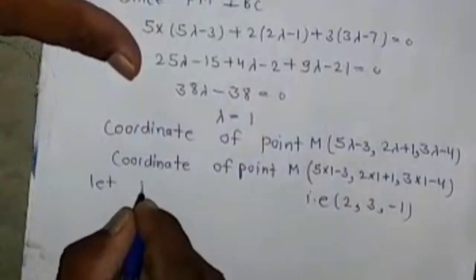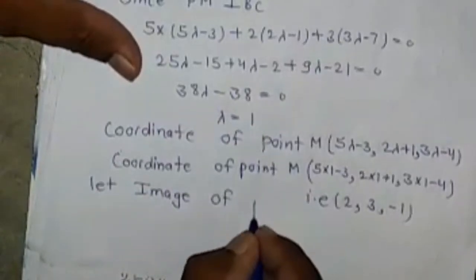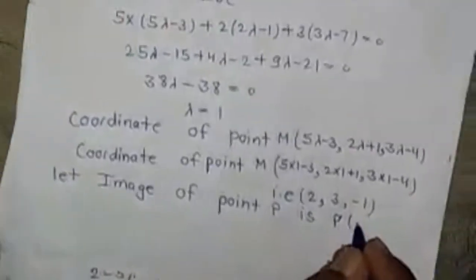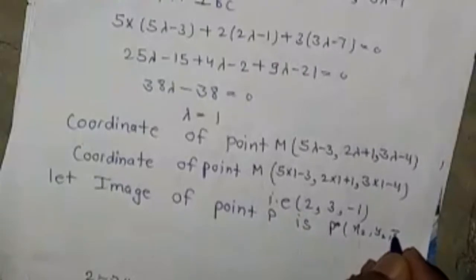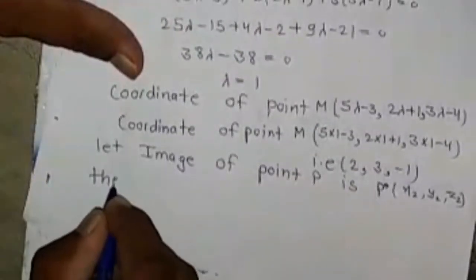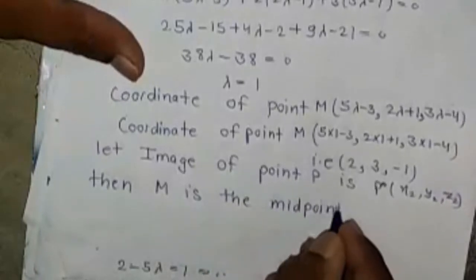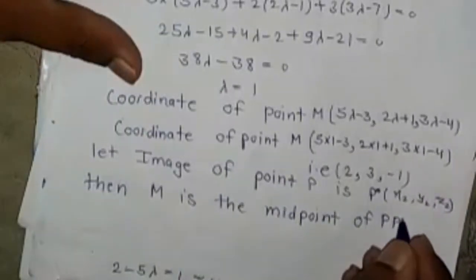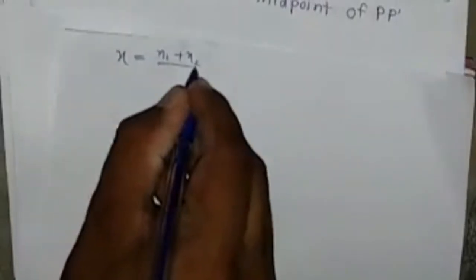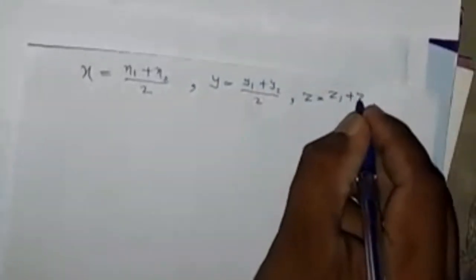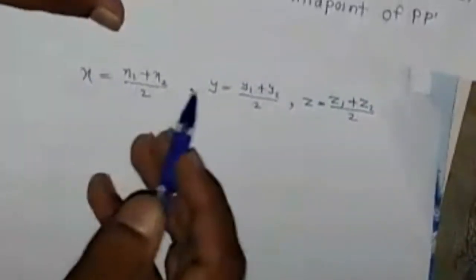Well, x equals (x1 plus x2)/2, y equals (y1 plus y2)/2, and z equals (z1 plus z2)/2, where (x, y, z) is the midpoint of the line joining points (x1, y1, z1) and (x2, y2, z2).